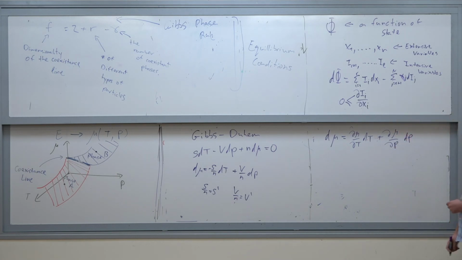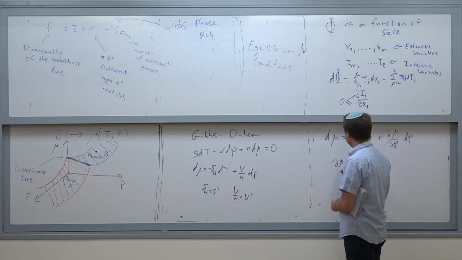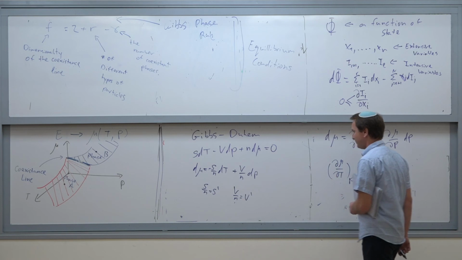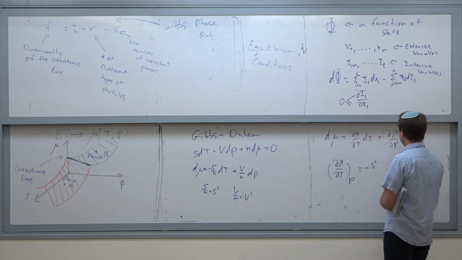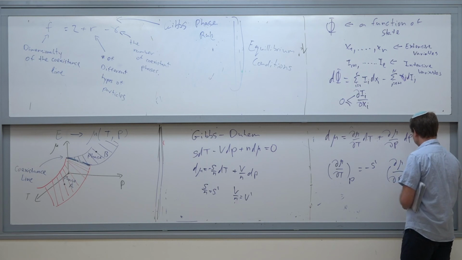This is a simple differential of the chemical potential. So what we obtain is that ∂mu/∂t, while we keep p constant, equals minus s prime. And ∂mu/∂p, keeping t constant, is v prime.